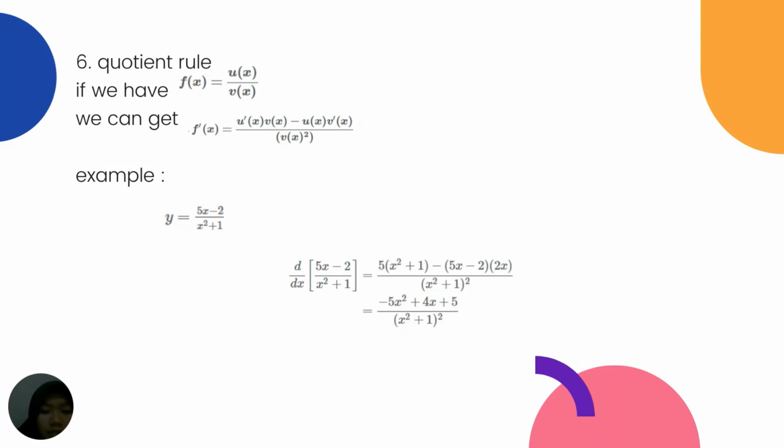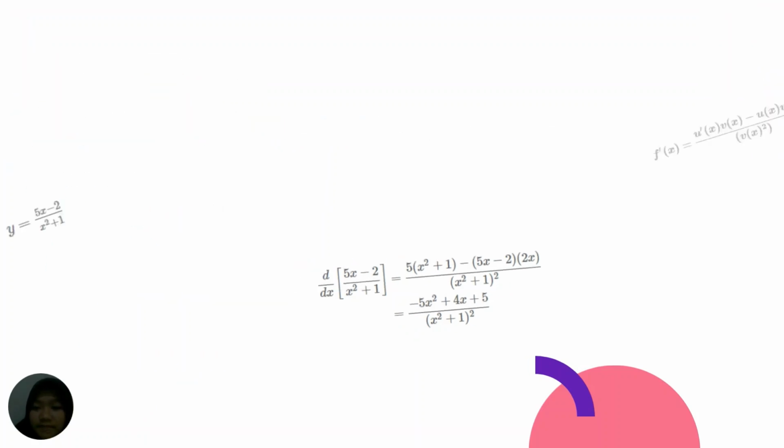Okay, we can get minus 5x squared plus 4x plus 5, divided by x squared plus 1 in brackets all to the power of 2.